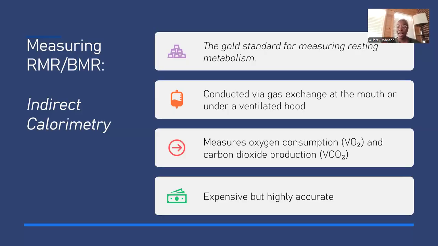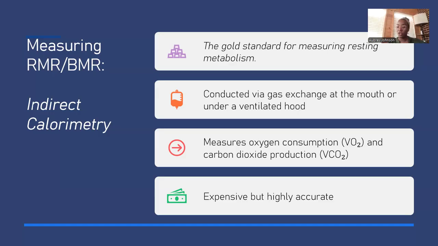A participant is under a ventilated hood, connected through a tube to a gas analyzer that measures gas exchange, which is the amount of oxygen you consume versus the carbon dioxide you produce. This method is expensive, but it is very, very accurate.